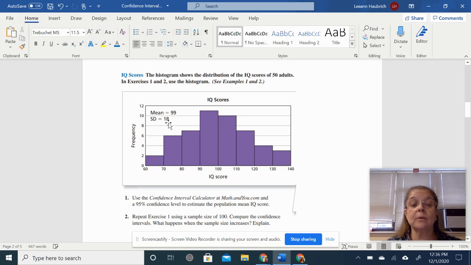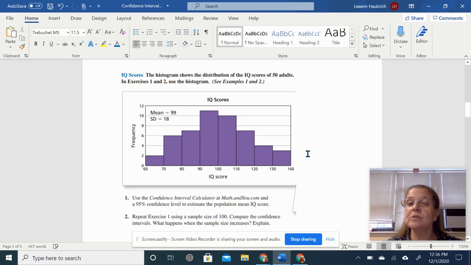So here the standard deviation is 18. In this sample, 99 is the mean. So 99 minus 18 would be 1 standard deviation below. 99 plus 18 would be 1 standard deviation above. 99 minus 2 times 18 would be 2 standard deviations below. 99 plus 2 times 18 would be 2 standard deviations above.